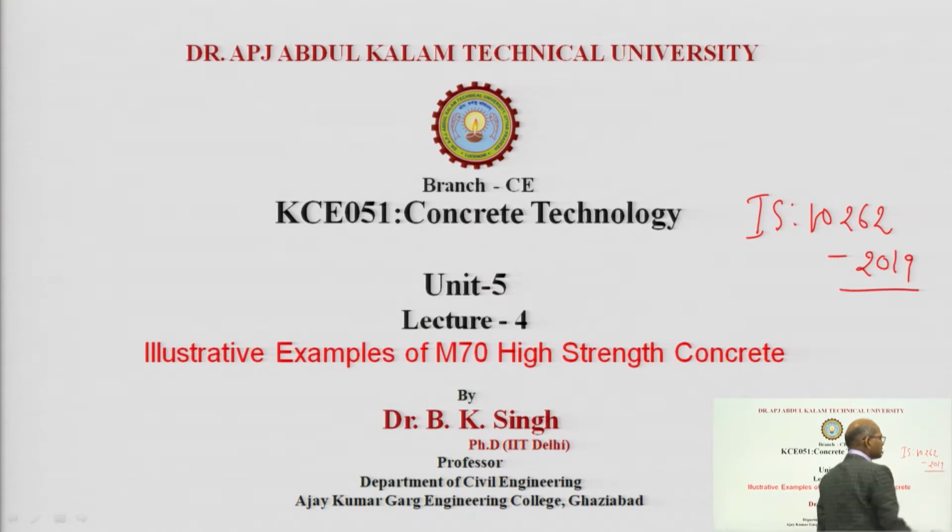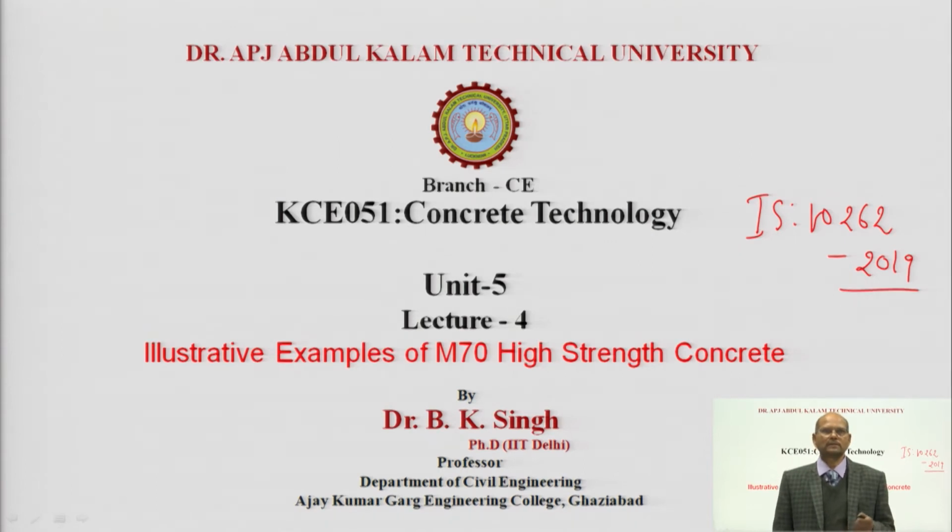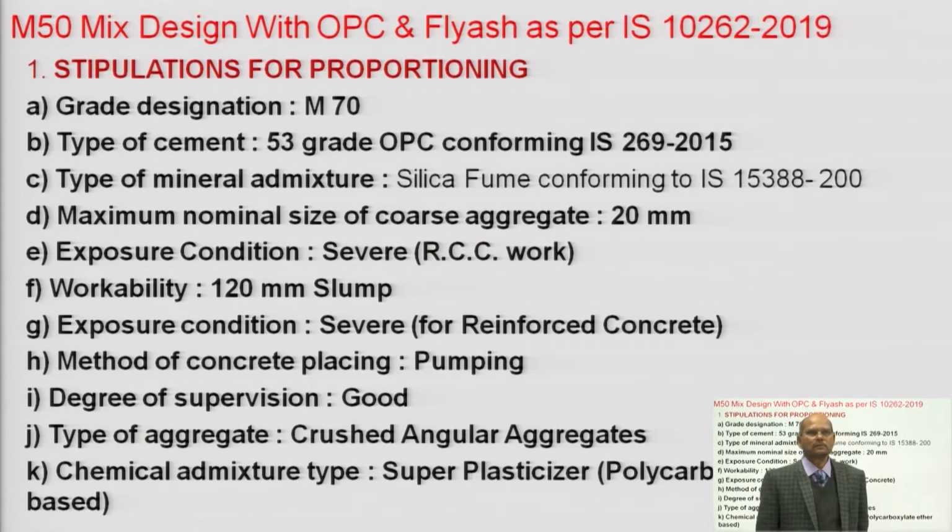So, this is the latest induction of the method of high strength concrete in IS 10262:2019. Okay. So, directly we will go to the problem here, because in the previous lecture we have discussed how to achieve the high strength concrete.